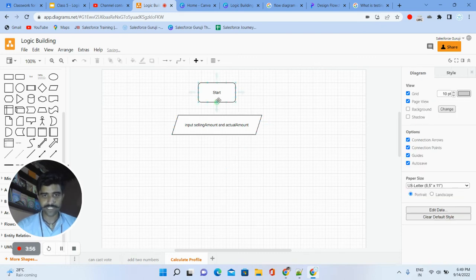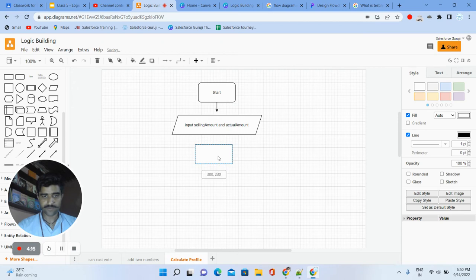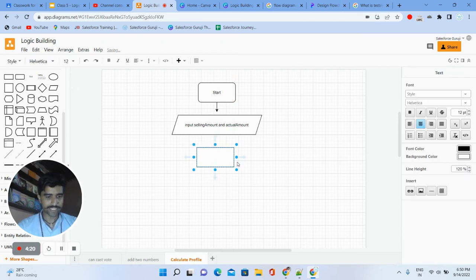From here our flow is starting, and we are taking two inputs: selling amount and actual amount. Now to calculate profit, we want to do some processing. So for processing, we put our processing element. What we need to calculate is profit.